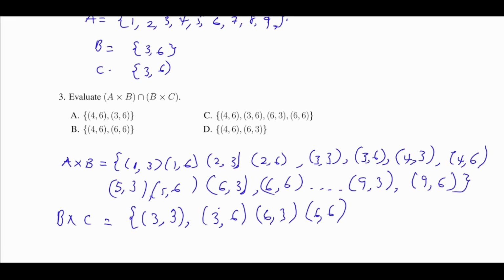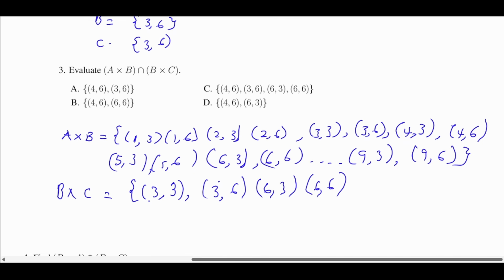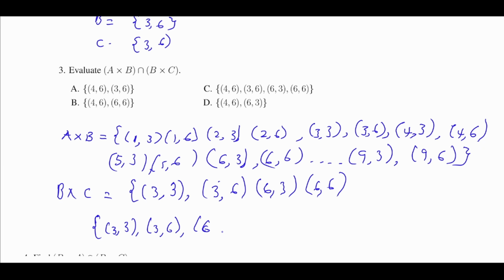Now when we take the intersection, what is here and is also here, then we'll have this, that will be 3, 3, 3, 6, we'll have 6, 3, and then 6, 6. All right, so that is all about that one. And so the option was not there, so it was a bonus, but this is the correct answer.